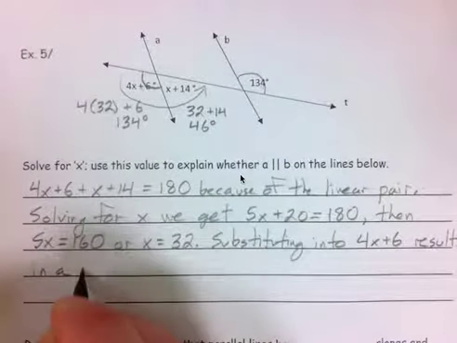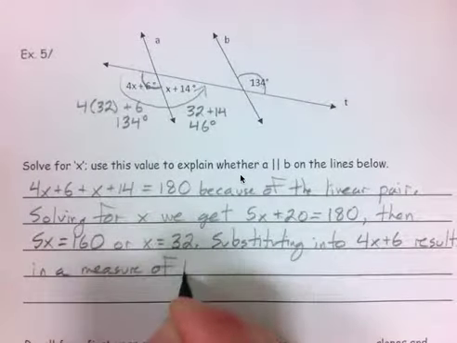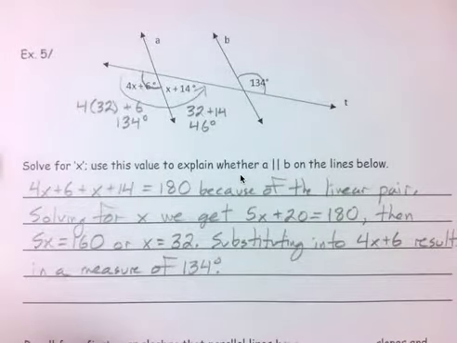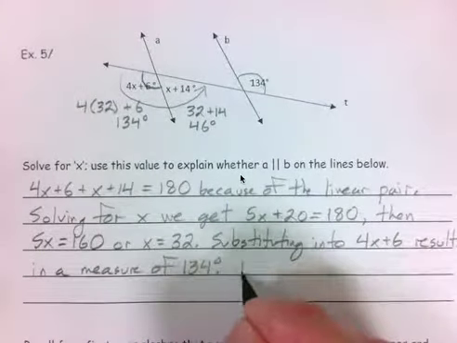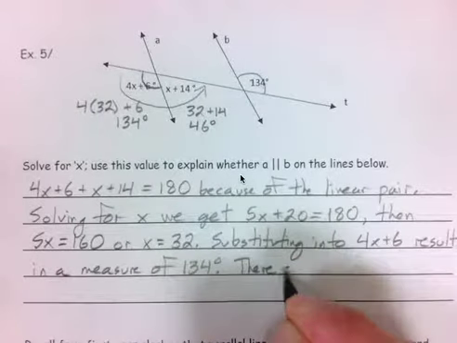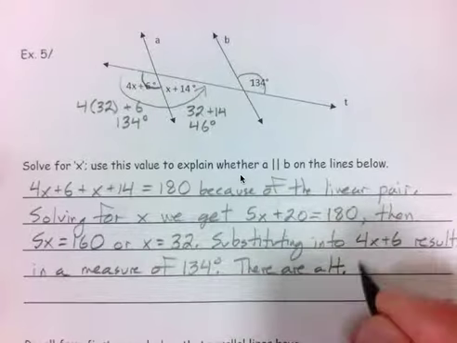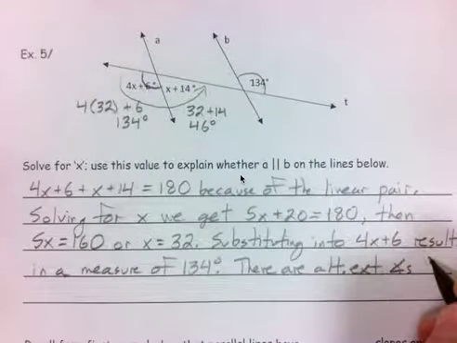results in a measure of 134 degrees. But then notice there are alternate exterior angles that are congruent.